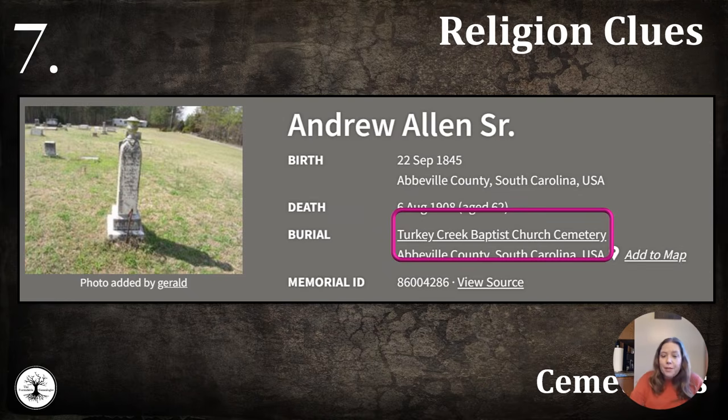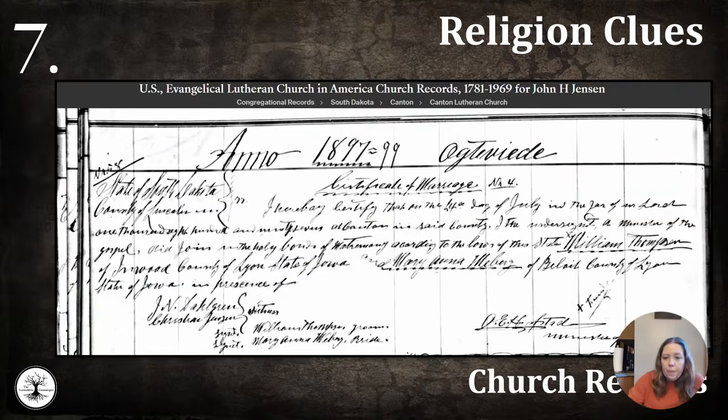Call them. Because a lot of times they will just say, oh yeah, we have the Turkey Creek Baptist Church records in our basement. Let's go get them. You never know until you ask. If you're not finding any leads that way, try the County Historical Society, the City Hall, the local library, or the courthouse.